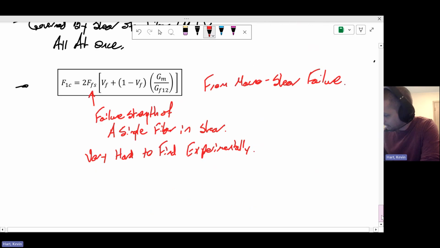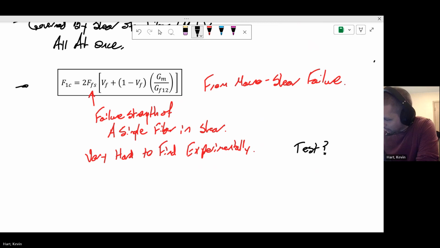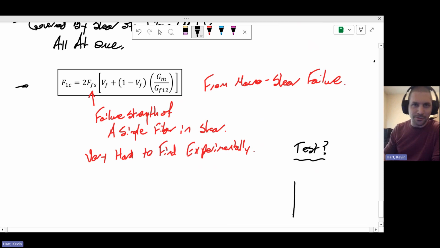And why is that? Let's say I wanted to determine the shear strength of a single fiber, and I need to design a test to do that. So think about the test that you would need to do. What test might you do? Okay, well, I've got a single fiber here. That's my one fiber.